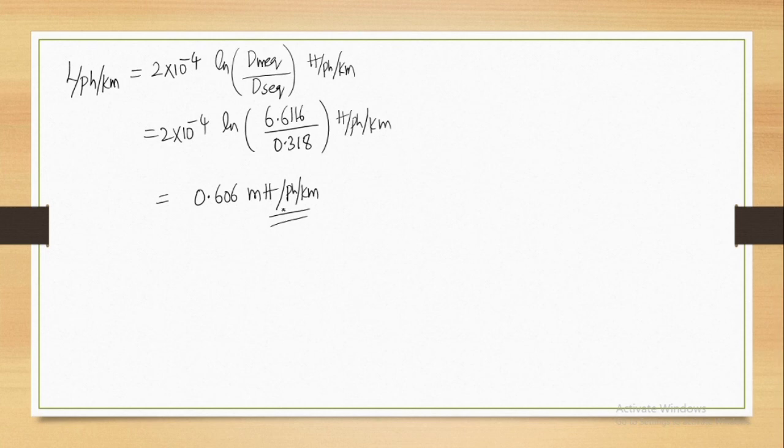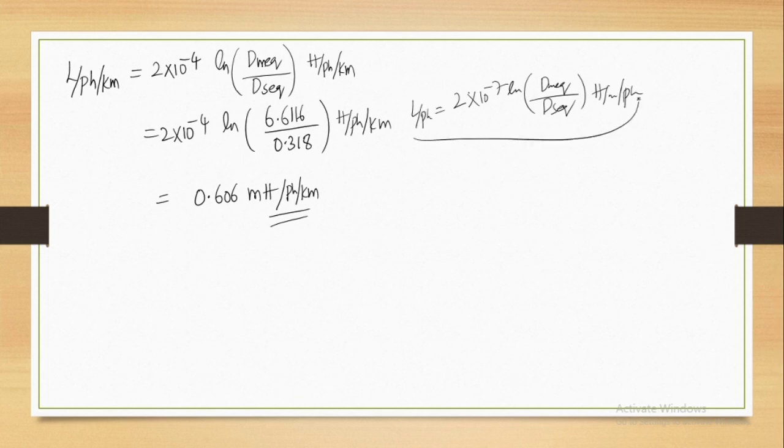So whether it is transposed or not, whether it is symmetrical or unsymmetrical, whatever it may be, you can use this formula which is 2 into 10 power minus 7 ln of dm equivalent by ds equivalent Henry per meter per phase. You can use this formula here like this to get inductance easily.